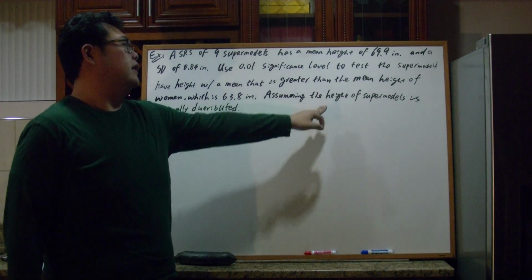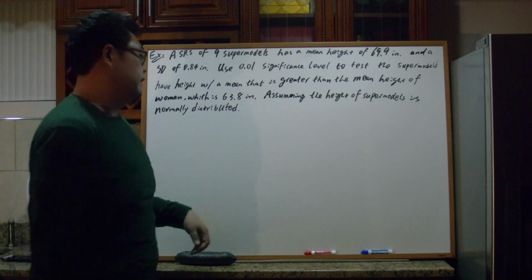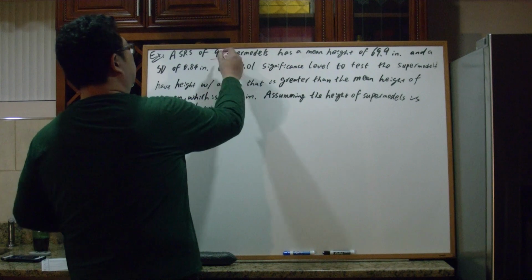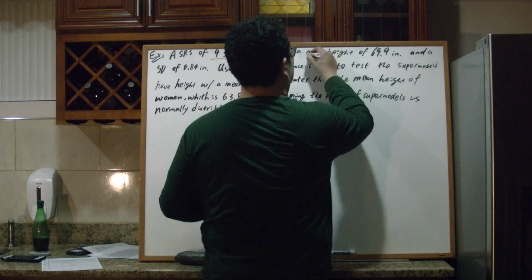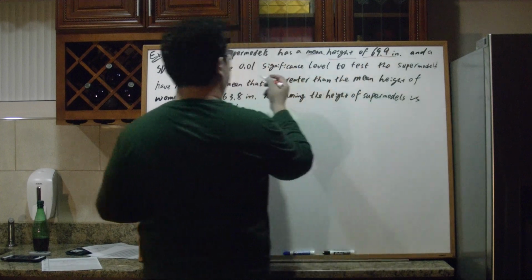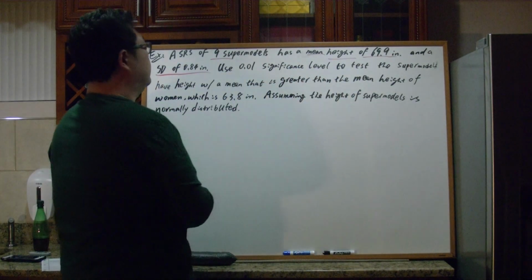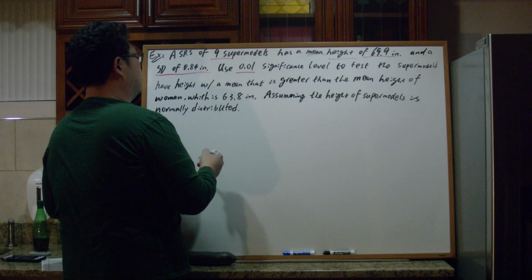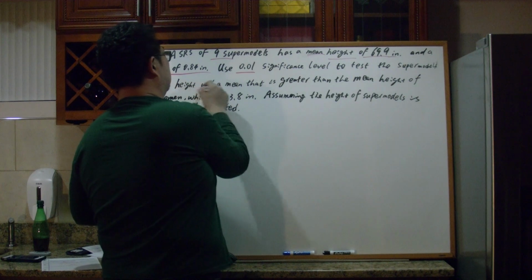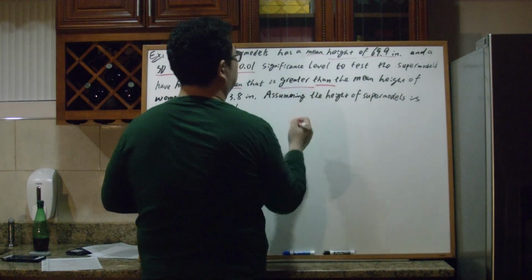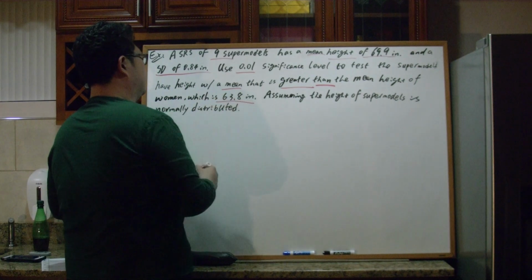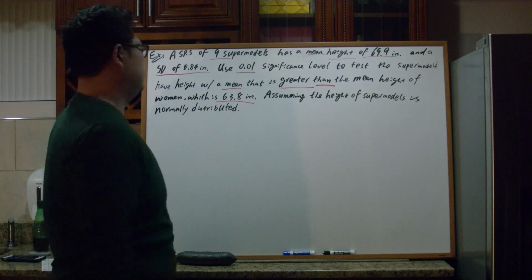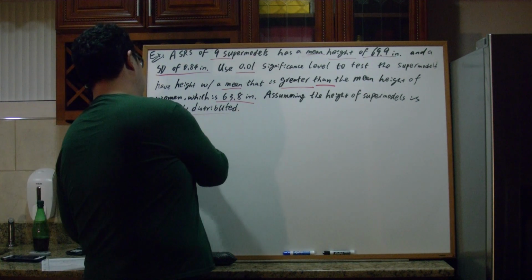Assuming that the height of supermodels is normally distributed. That was given for 9 supermodels, the mean height of 69.9 inches, the standard deviation of height is 0.84 inches. 1% significance level to test that the mean of the height is greater than the mean height of women, which is 63.8 inches, and assume it's normally distributed.